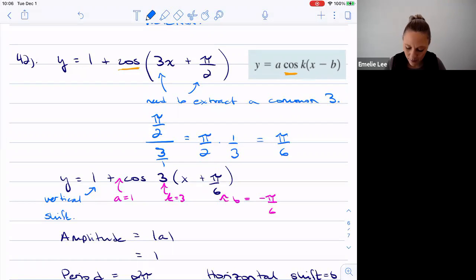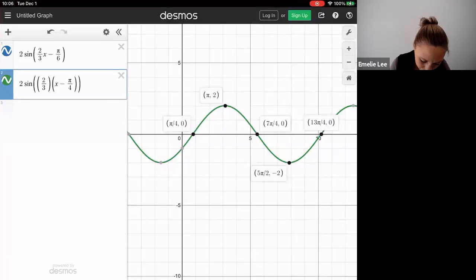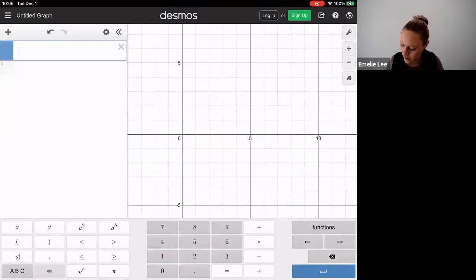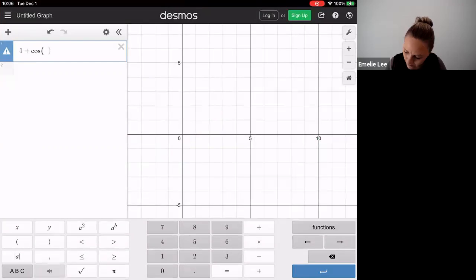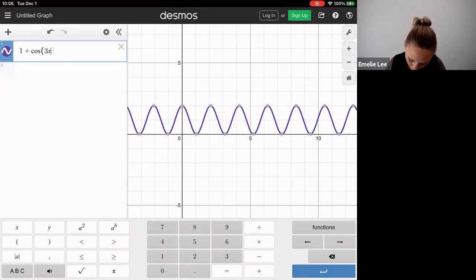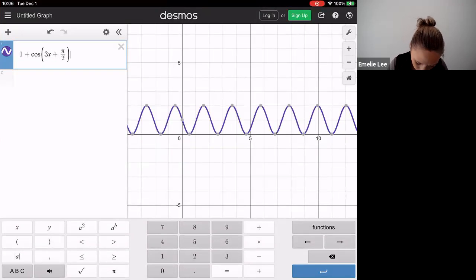So I'm expecting to see the starting point at negative pi over 6, 2. Let's make sure that's what actually happened. So I'm just going to use the initial function that we were given, 1 plus the cosine of 3x plus pi over 2.